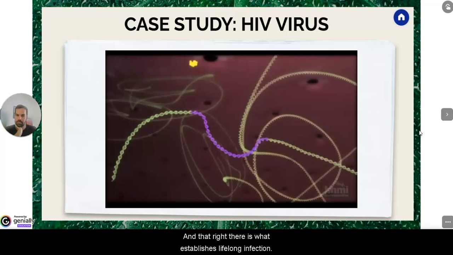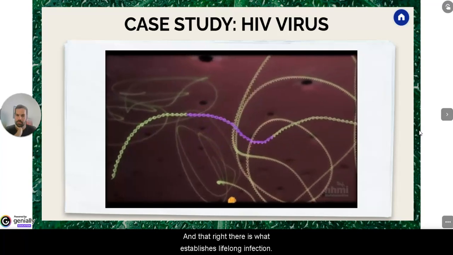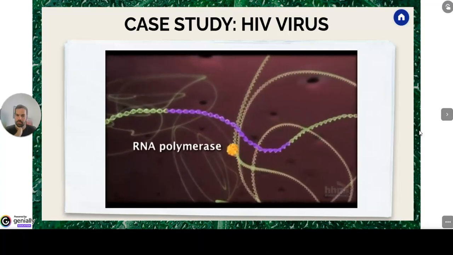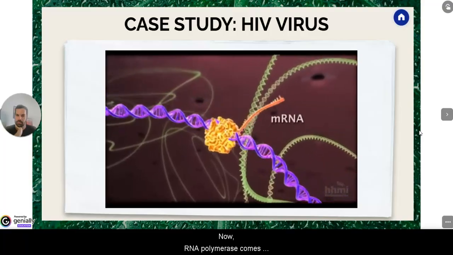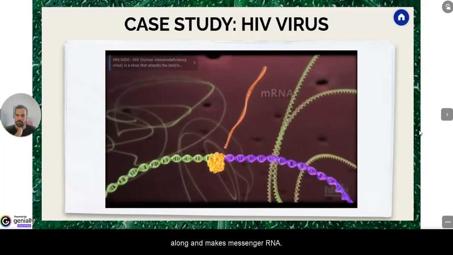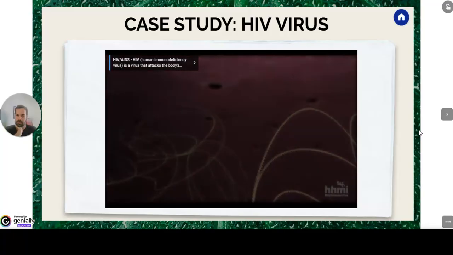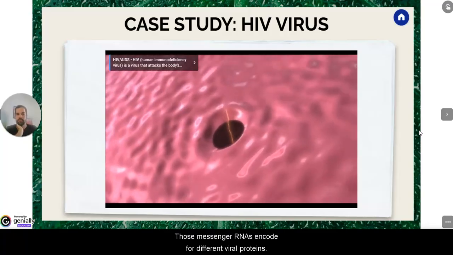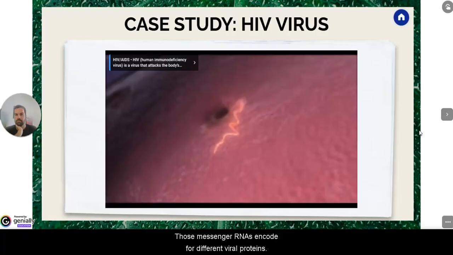And that right there is what establishes lifelong infection. Now, RNA polymerase comes along and makes messenger RNA. Those messenger RNAs encode for different viral proteins.